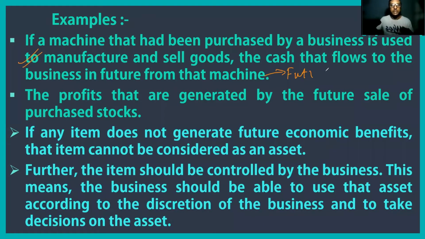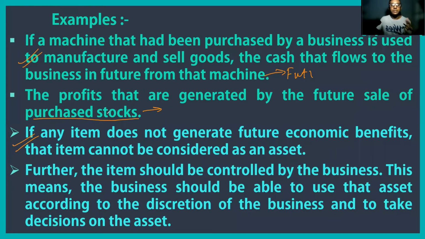That's obvious. The profits that are generated by the future sale of purchased stock, yeah, purchased stock is also considered as an asset. So if any item does not generate future economic benefits, that item cannot be considered as an asset, right? If there will be no future economic benefits, we can't consider it as an asset, okay?